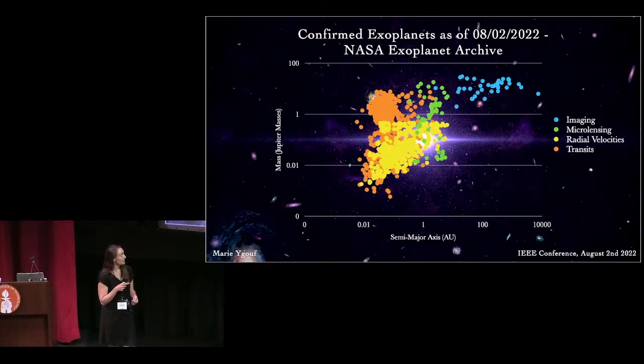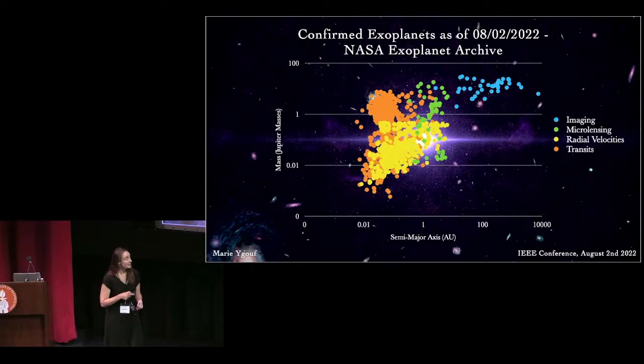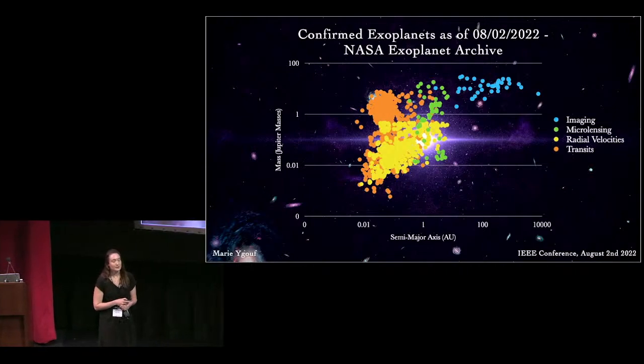While the little blue dots that you can see here are the exoplanets that have been detected by direct imaging so far. And we can see that there are just a handful of them, not so many. And it is explained very well because this technique is actually very, very challenging, although it has a lot of advantages.